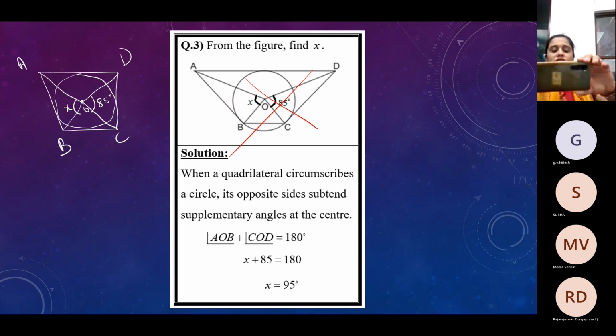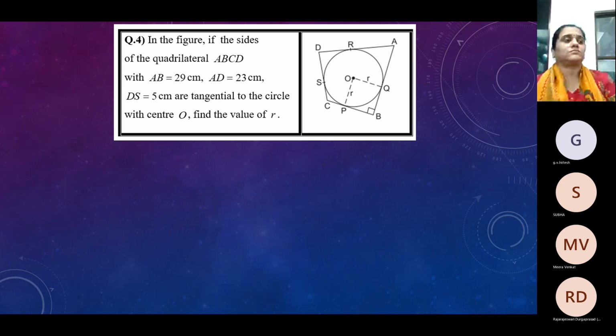When a quadrilateral circumscribes a circle, the opposite sides subtend supplementary angles at the center. Understand that? Next one.